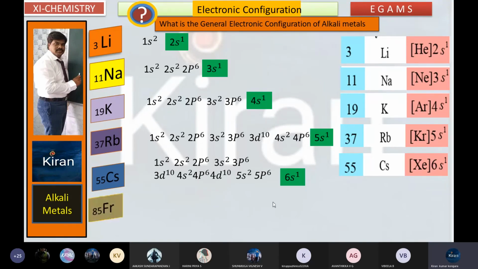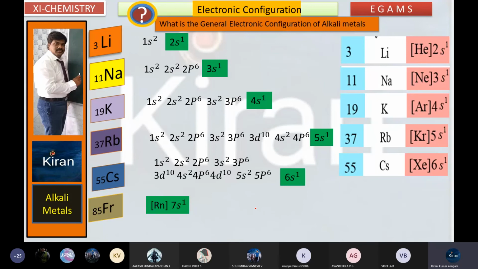Finally, francium, a radioactive element. With respect to radon, I am directly writing radon core 7s1. This is about the electronic configuration. When you observe the electronic configuration of all alkali metals, the last shell contains one electron: 2s1, 3s1, 4s1, 5s1, 6s1, 7s1.